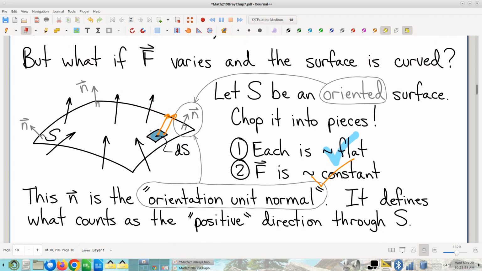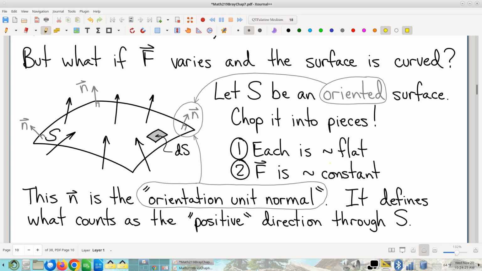If we are going to talk about flux through a surface, we do have to decide which direction we are talking about, right? Because if I have a surface here and I want to know how much fluid is flowing through the surface, there is a difference between volume per unit time in that direction versus that amount of volume per unit time going the other direction.